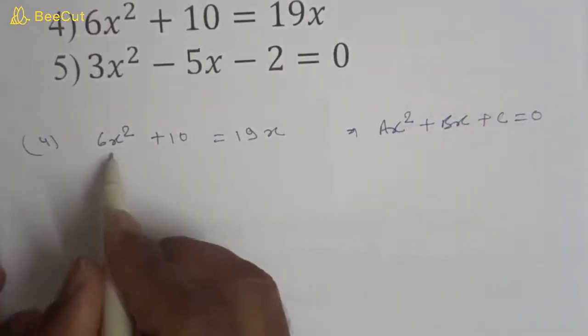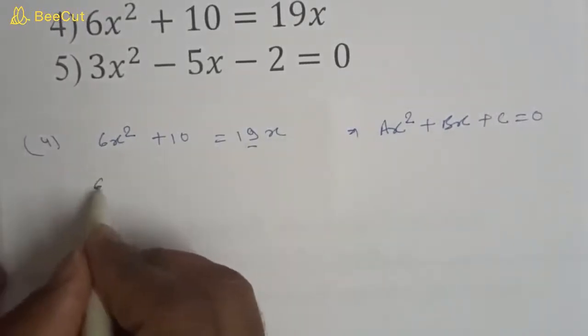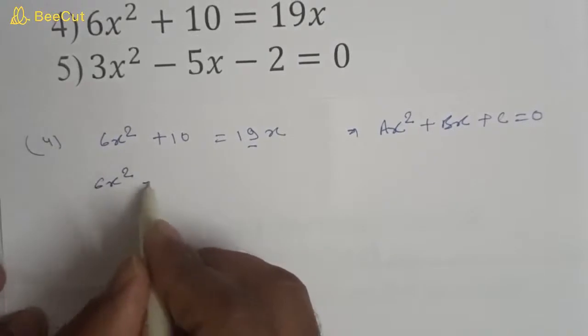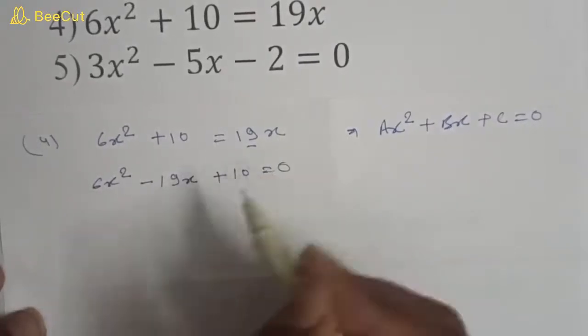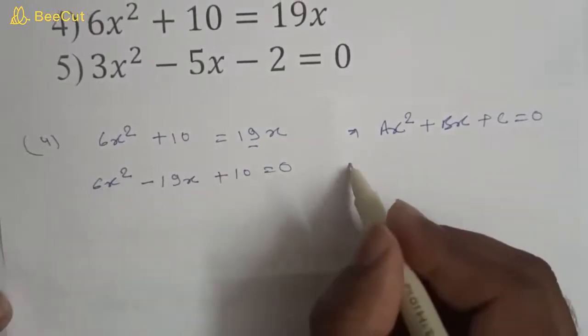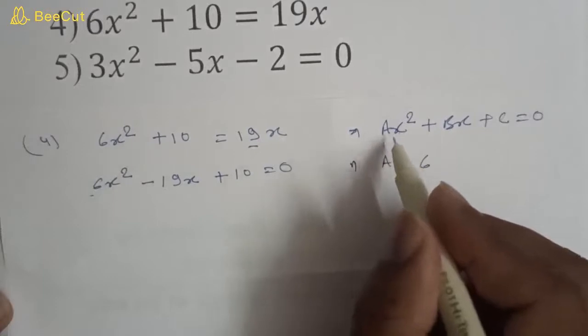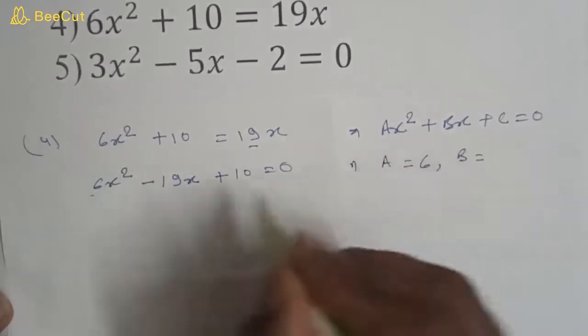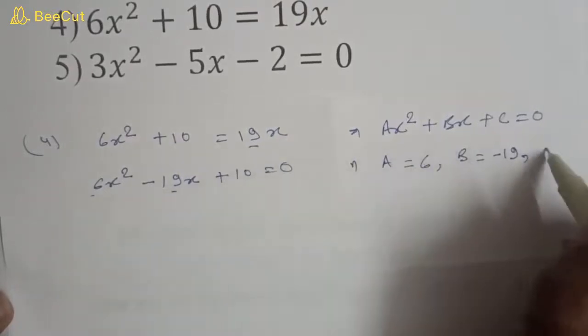So we will try to write this equation in this form. So we will write 6x square minus 19x plus 10 is equal to 0. Now we can compare: a is equal to 6, the coefficient of x square, and b is equal to minus 19 and c is equal to 10.